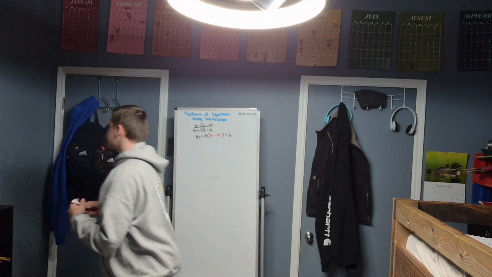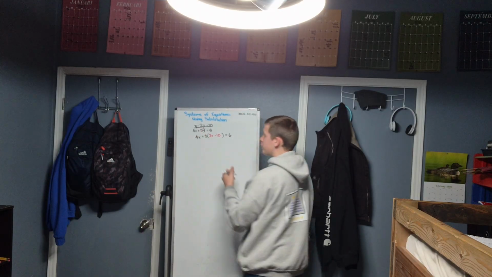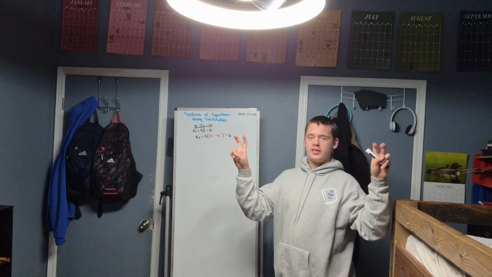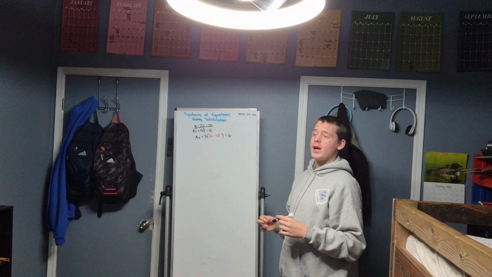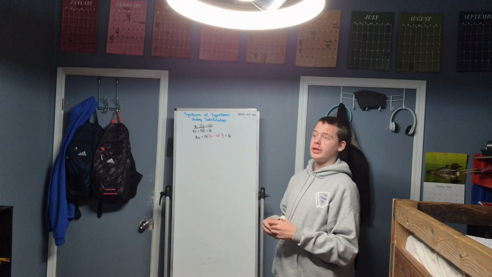So, we're going to use the distribution property first. Some people actually call them double rainbows. And if a math teacher does it, then we can use it the same way.